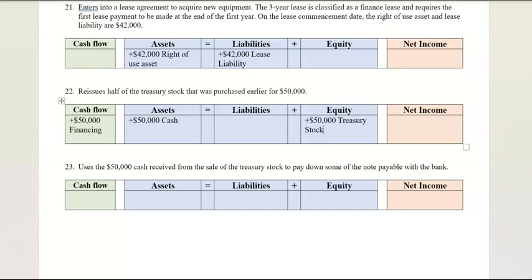For our purposes, it doesn't really matter. Let's just put it all together into treasury stock. Notice that net income is not affected, even though we reissued these shares at a greater amount than we bought them for.